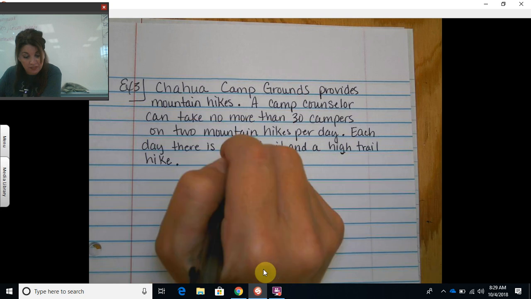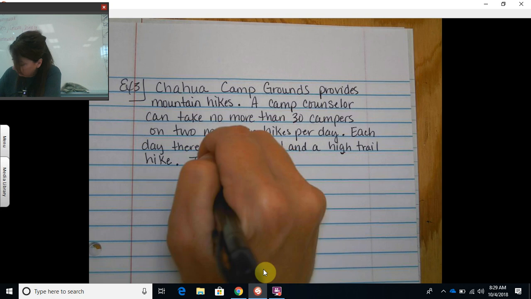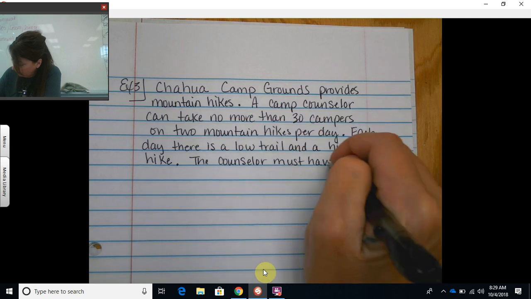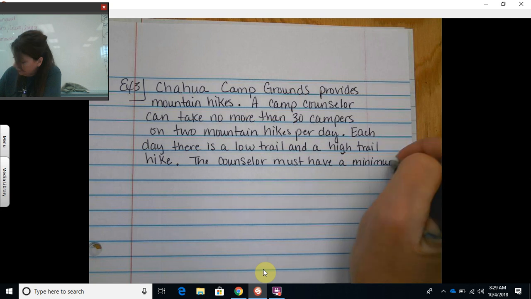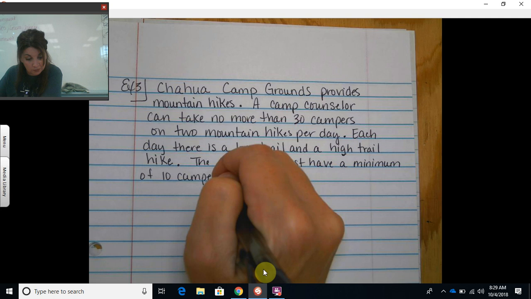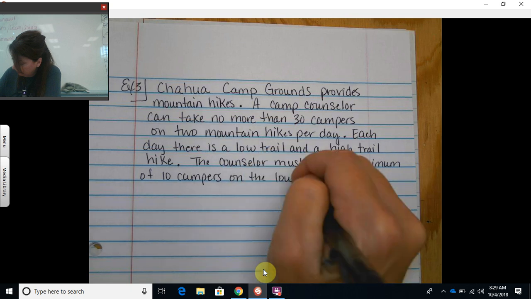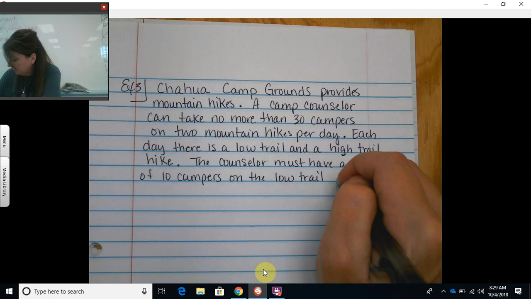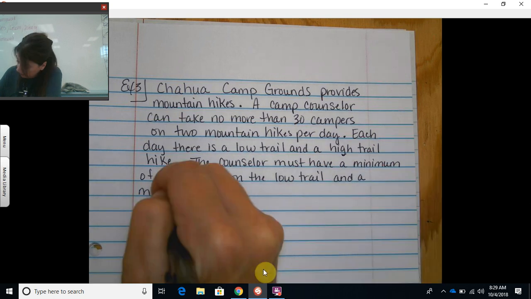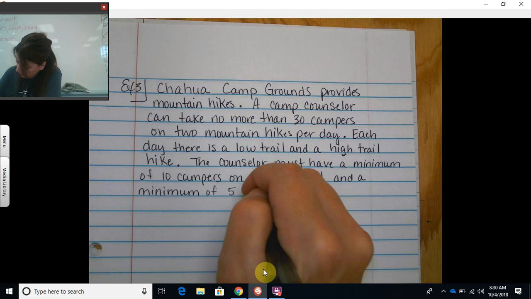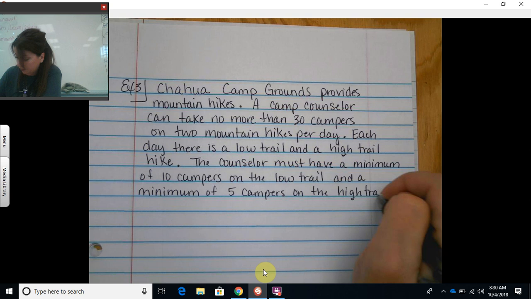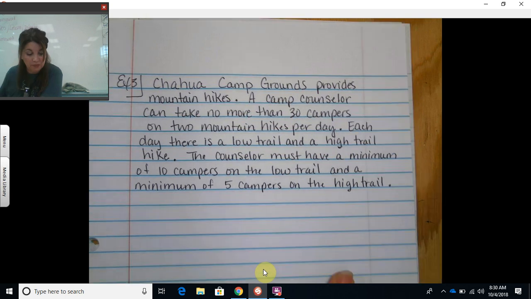The counselor must have a minimum of 10 campers on the low trail and a minimum of 5 campers on the high trail. Write a system of inequalities to model the situation.